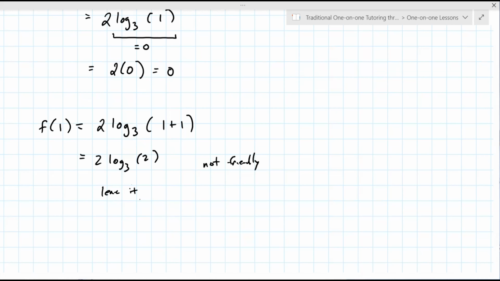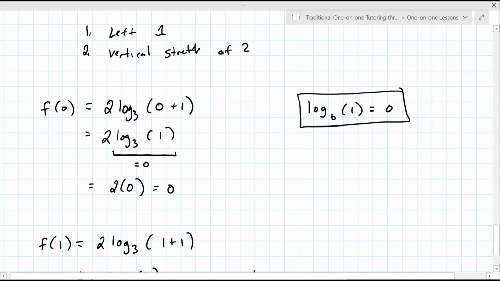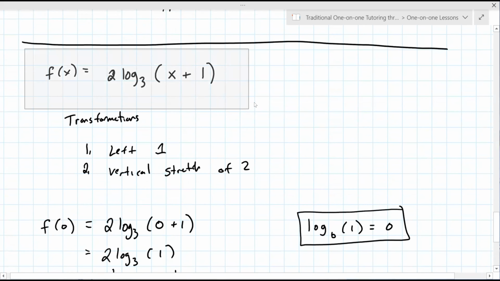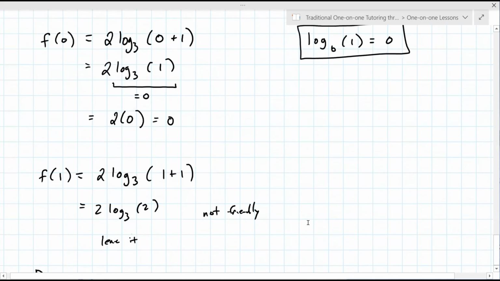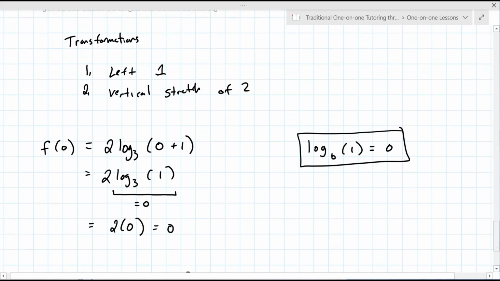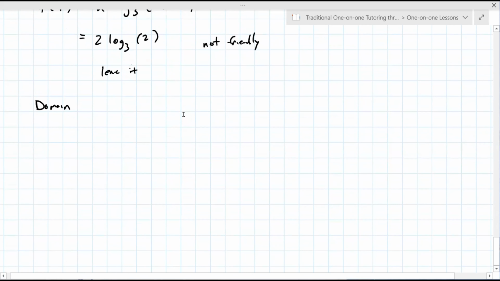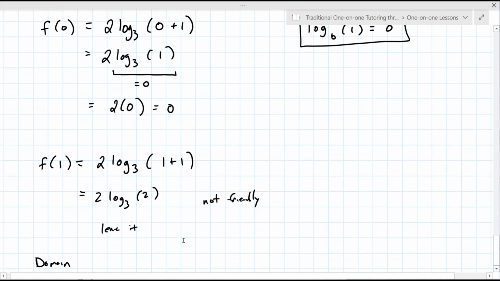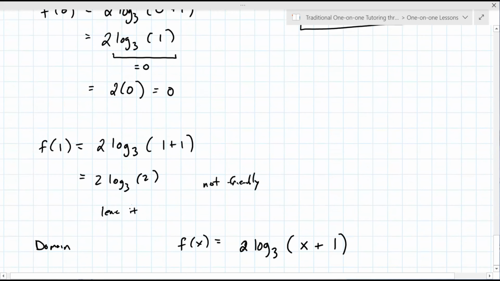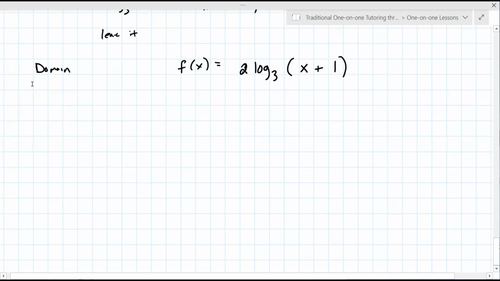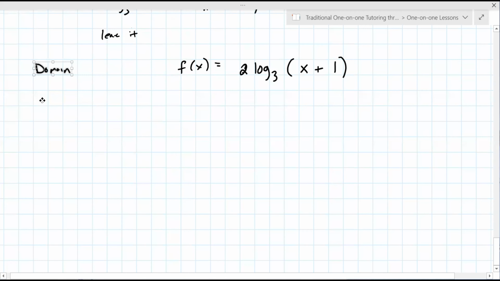So the domain is the next thing we look at. For the domain, you set the inside part, and let me go grab the function again. You have to set the inside part, x plus 1, greater than 0.